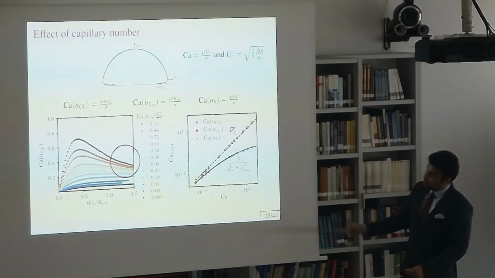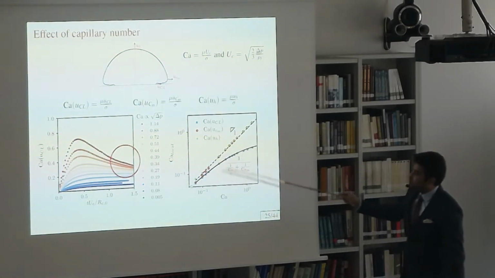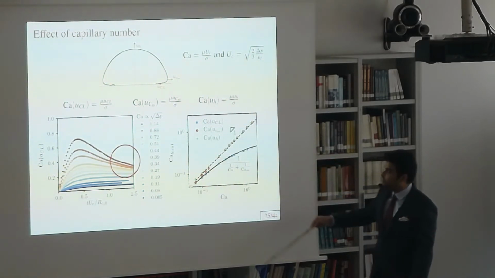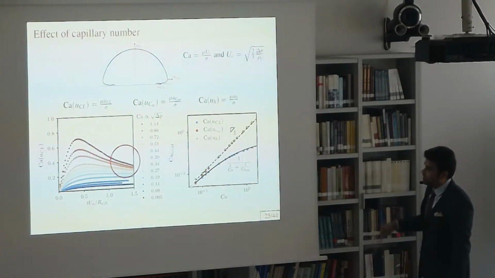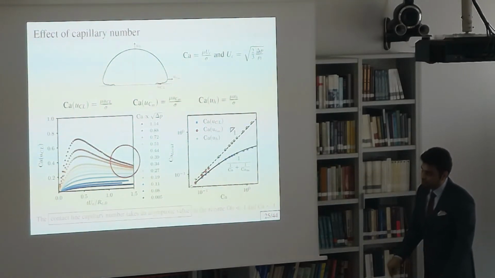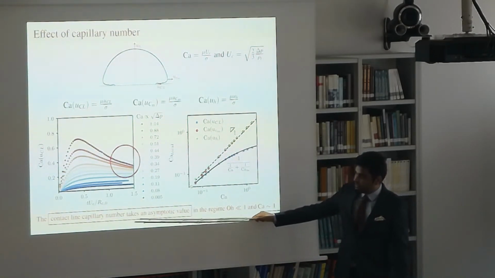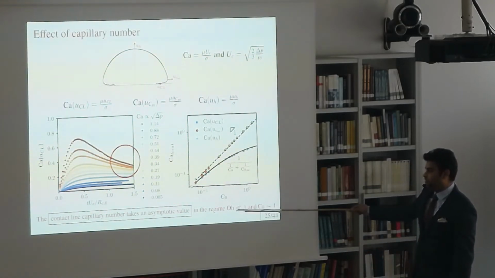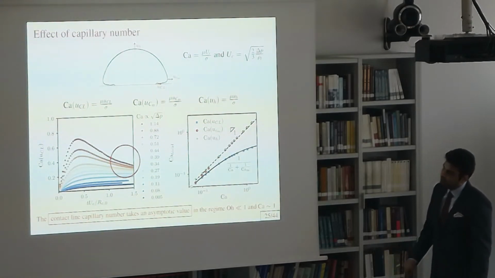We can put all other points onto the same curve, which are the height and width. These take the slope 1 because these two points evolve with UC, and the difference between these two gives us the formation of microlayer. This brings me to the second conclusion, that the contact line capillary number takes an asymptotic value in the regime where Ohnesorge is much smaller than 1 and capillary number is of the order of 1.